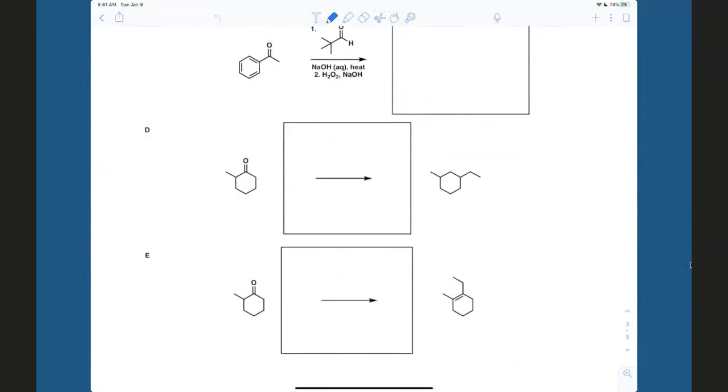Oh, this is interesting. No, these do not have to involve an aldol reaction. They shouldn't involve an aldol reaction. For E, you actually know how to do it without any of this chemistry.